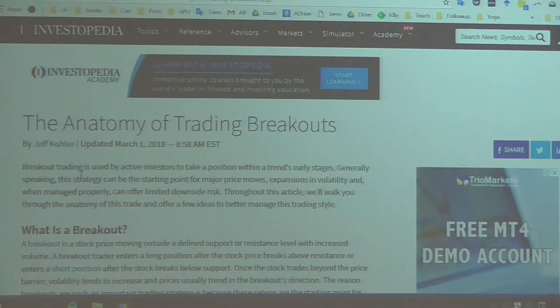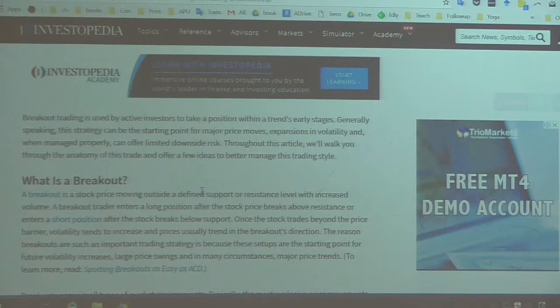Right? Generally speaking, this strategy can be the starting point for major price moves, expansions in volatility, and when managed properly can offer limited downside risk. Throughout this article, we'll walk you through the anatomy of this trade and offer a few ideas to better manage this trade. Now, what is breakout?